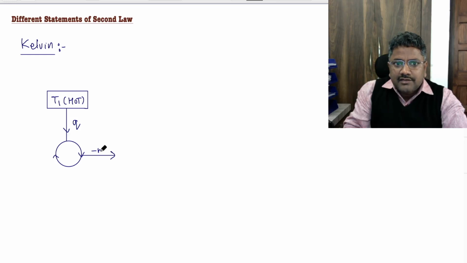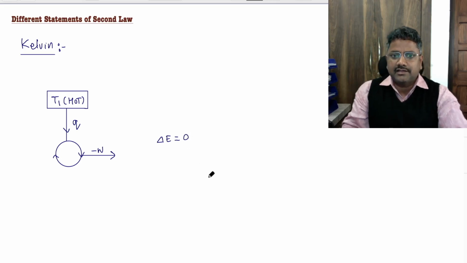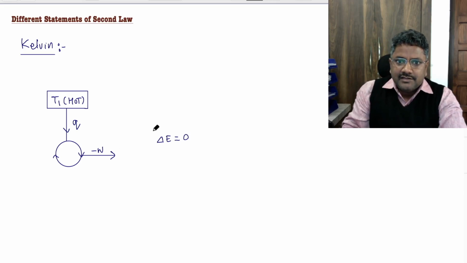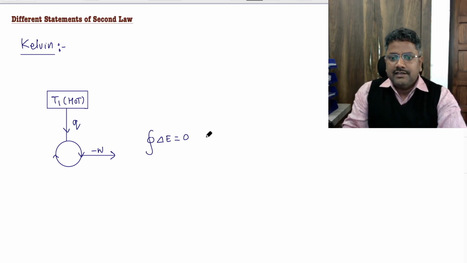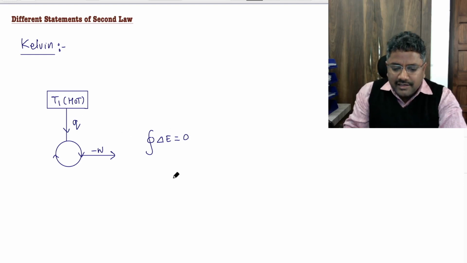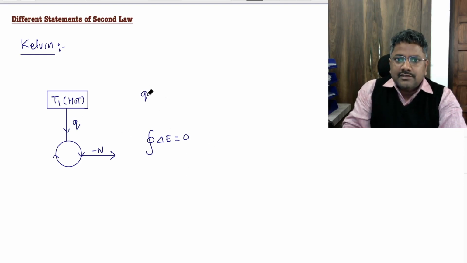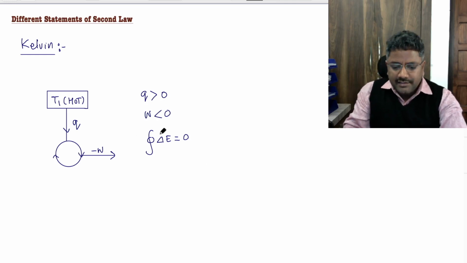Since this is a cyclic system, delta E is equal to 0. So here Q is greater than 0, W is less than 0, because the work is done by the system on the surrounding. So you can write Q is equal to minus W.